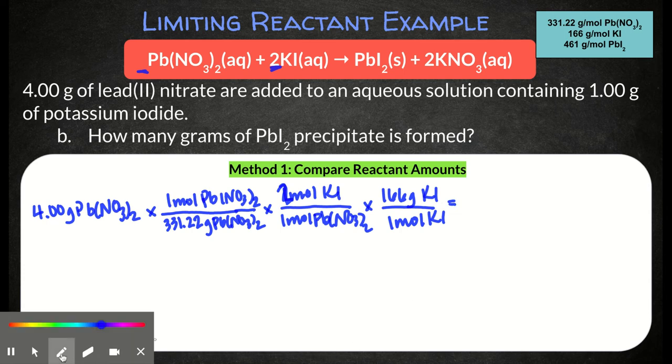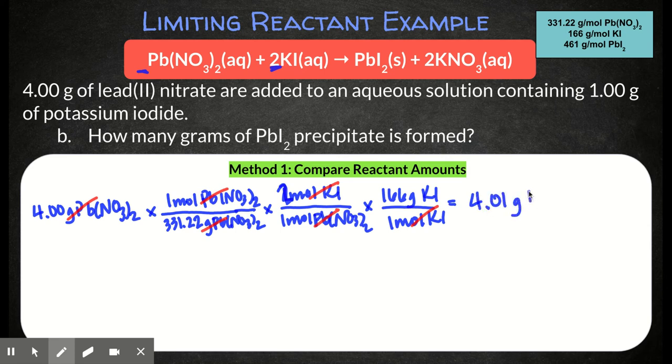And so if I go through, cancel out all my units, and put this in my calculator, what I'm going to end up with is 4.01 grams of KI. So I need 4.01 grams of potassium iodide to fully react with my 4 grams of lead-2 nitrate. Problem: I only have 1 gram.